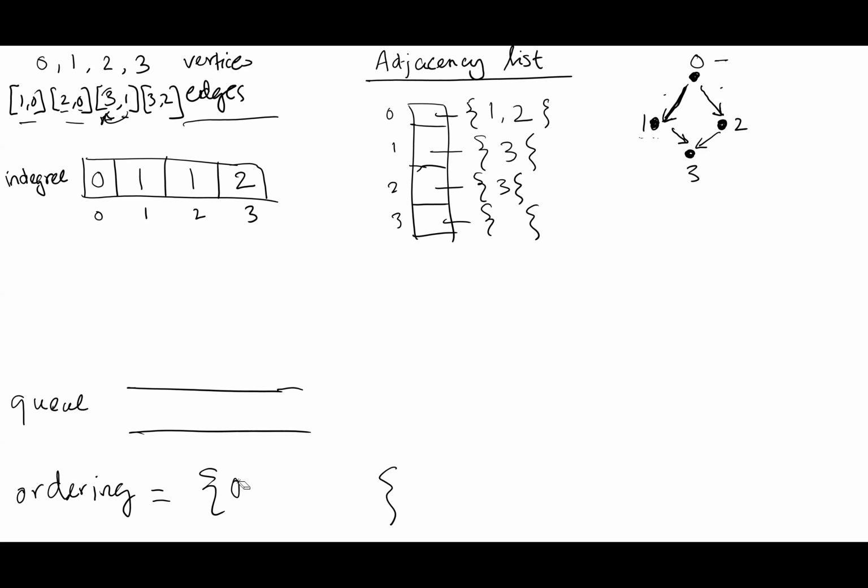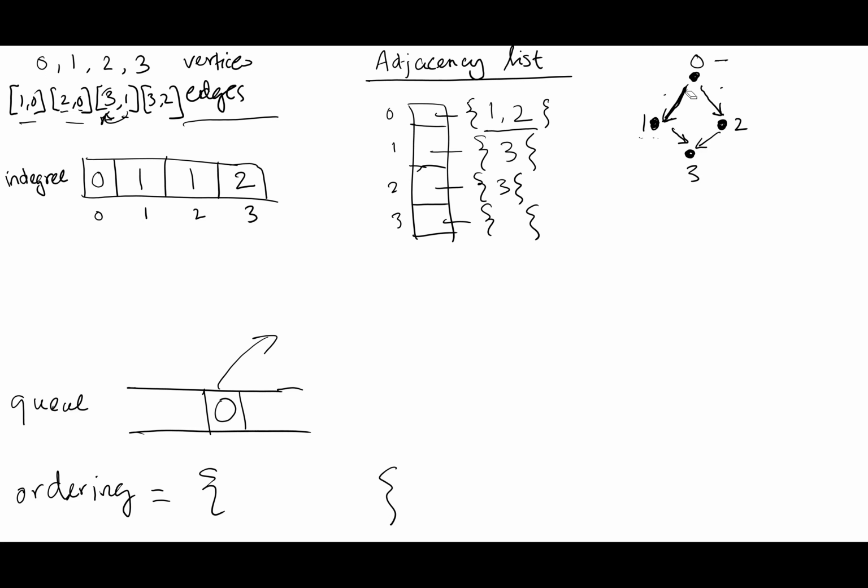Initially, the course that doesn't have any dependency goes into the queue. That is course 0. And then we want to take this out. Before we take this out, we have to look at the neighbors from this list. The neighbors are 1 and 2.